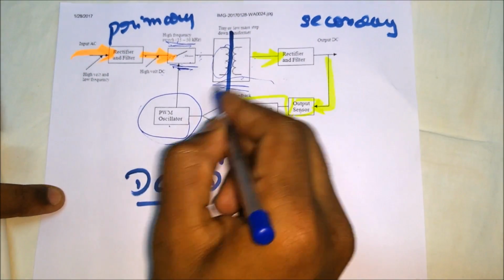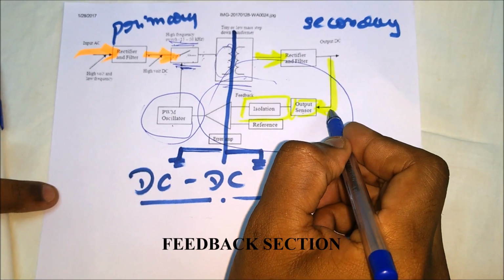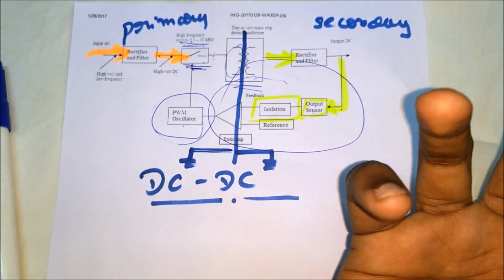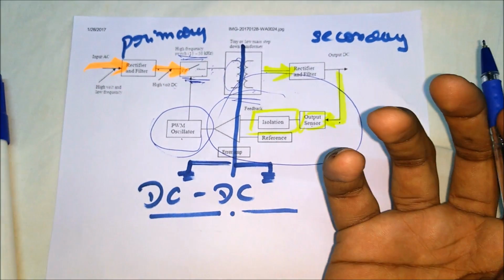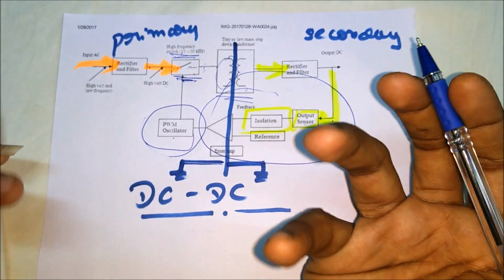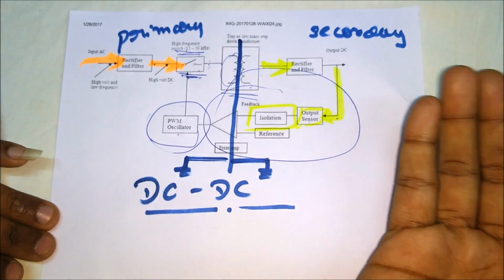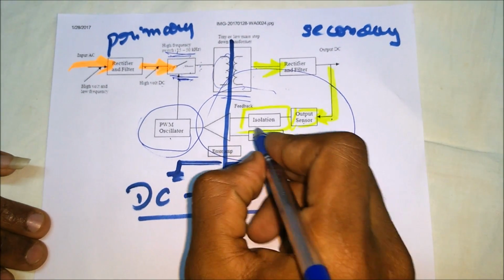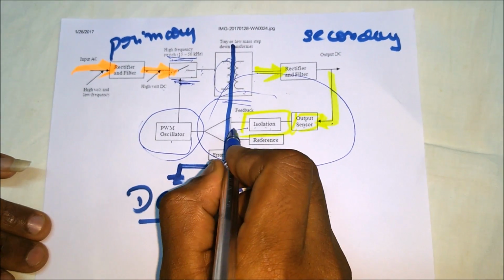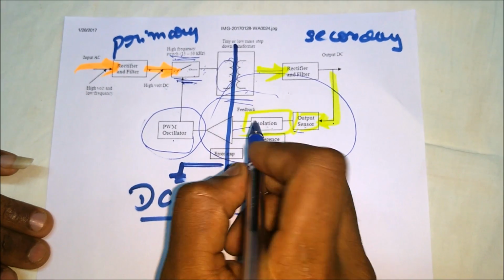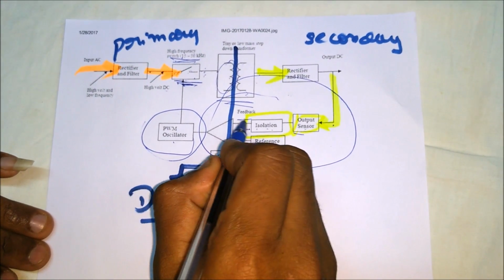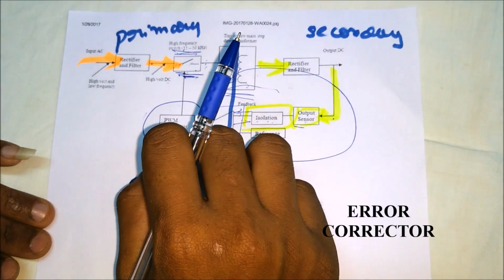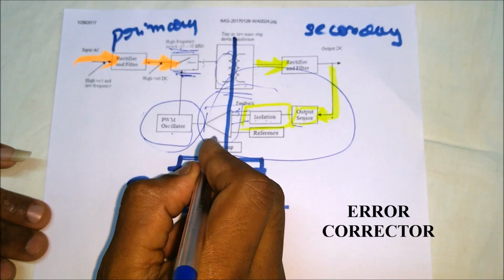We take sense from the output, and that is given to our isolation components, which is either an opto isolator, a transformer, or any kind of electronic device which transfers the signal across isolation. This carries the signal from secondary to primary, and it is given to the error amplifier and error correction, everything inside this block.